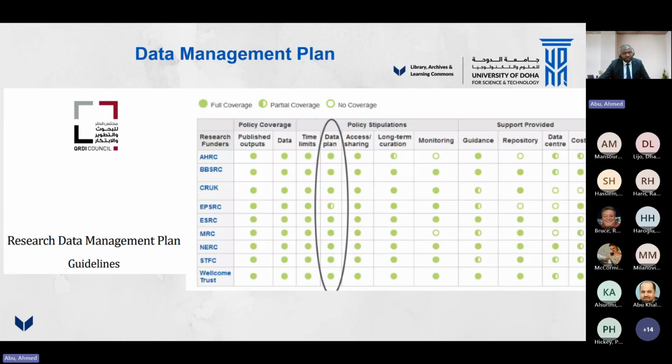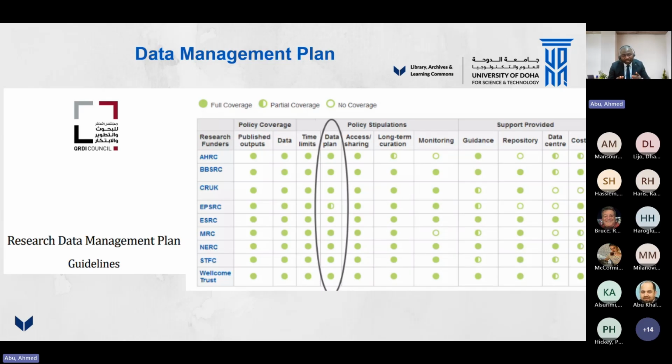Now, this is a list of a few research funders that require a data management plan. Although the list is not exhaustive, these are the ones that I can lay my hands on now, but there are a lot of them. You can see there's full coverage, partial coverage, and no coverage.